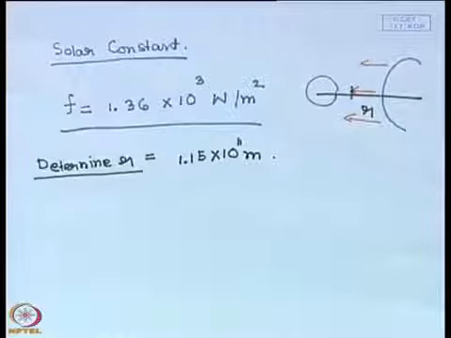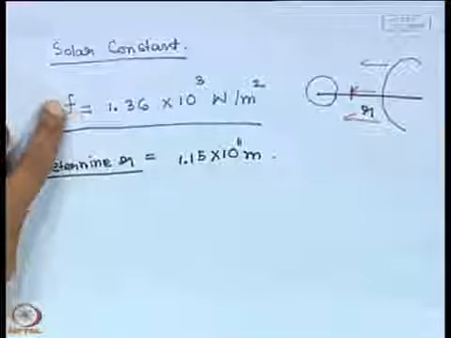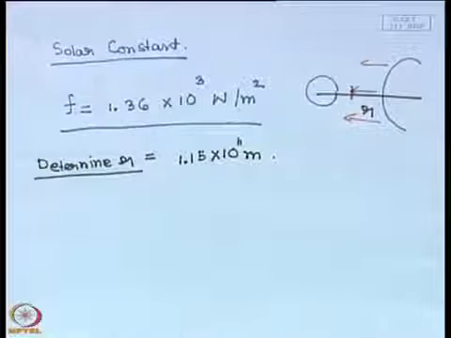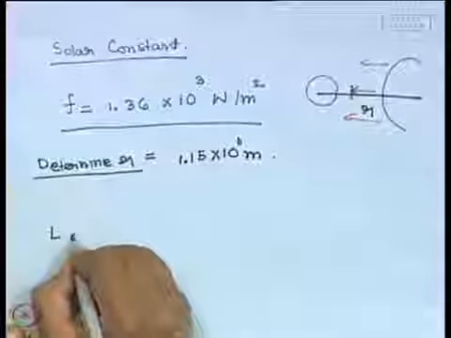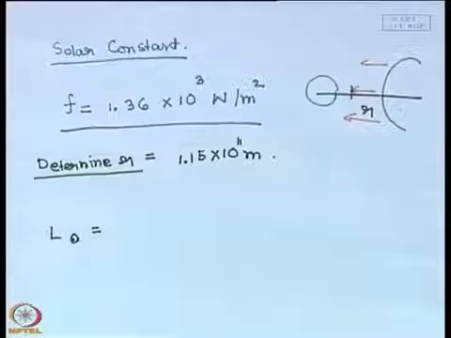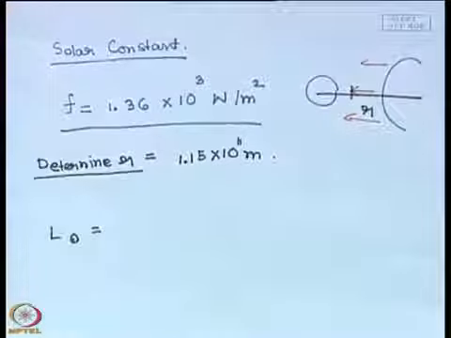So the earth sun distance is also known, and once you know this, you can combine the measured flux and the earth sun distance, and you can determine the luminosity of radiation coming out from the sun. So, the solar luminosity L sun is the flux into 4 pi r square.